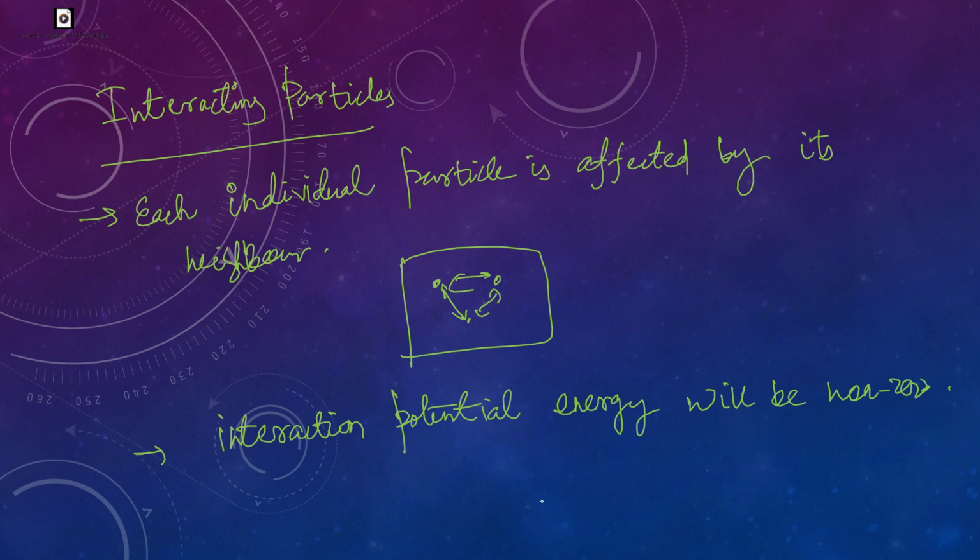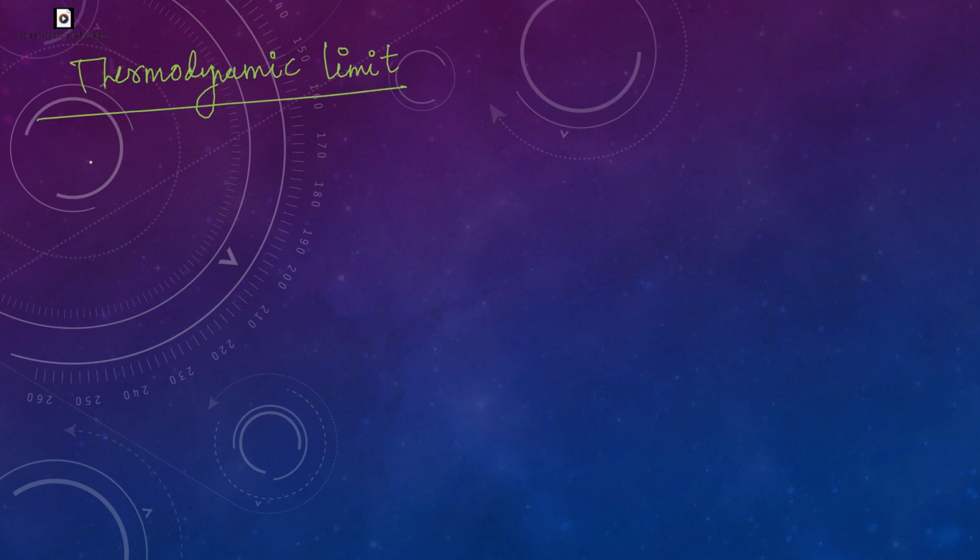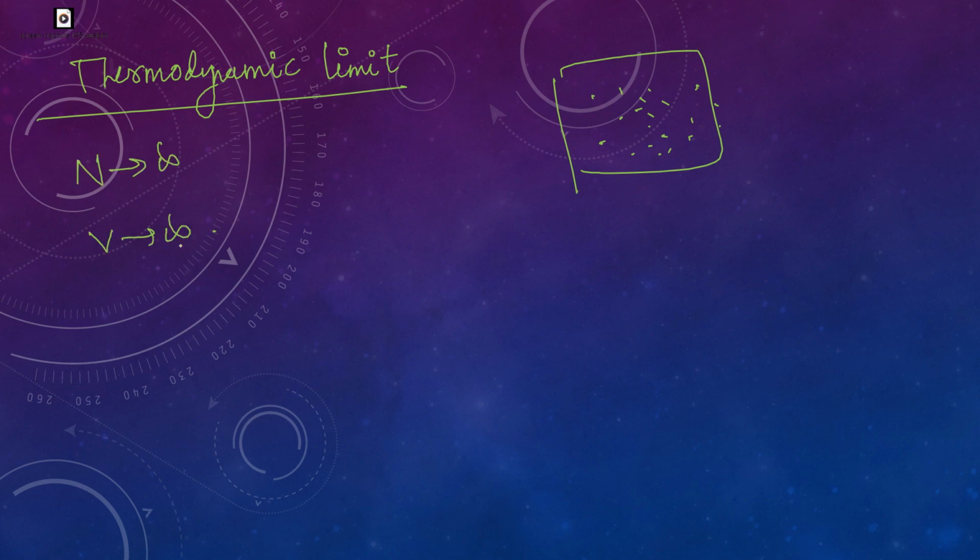Now we'll move on to the thermodynamic limit. What is this thermodynamic limit? For example, there are N particles inside a volume V. N tends to infinity, V also tends to infinity, such that the density n equal to N by V is finite.